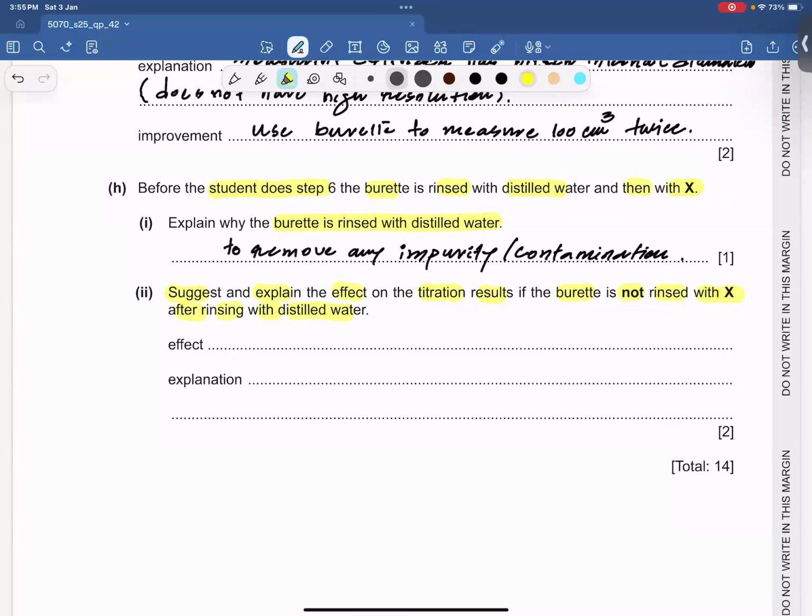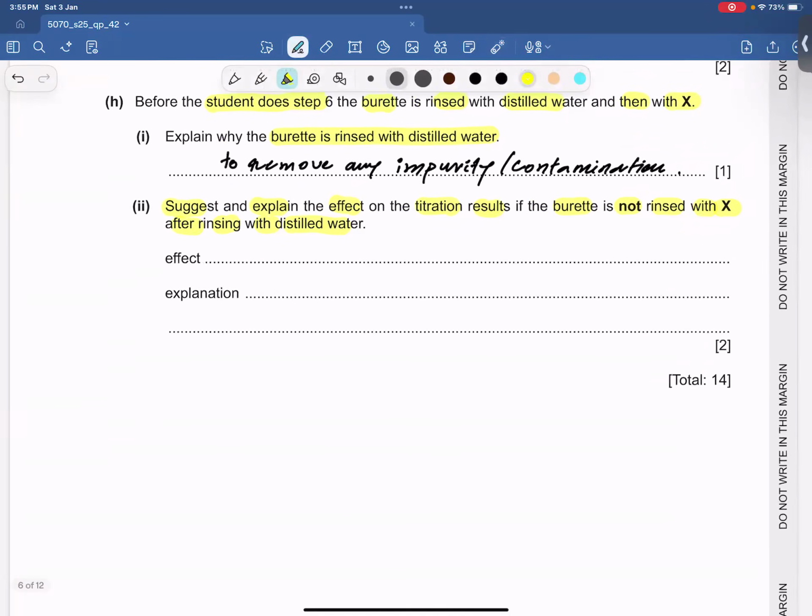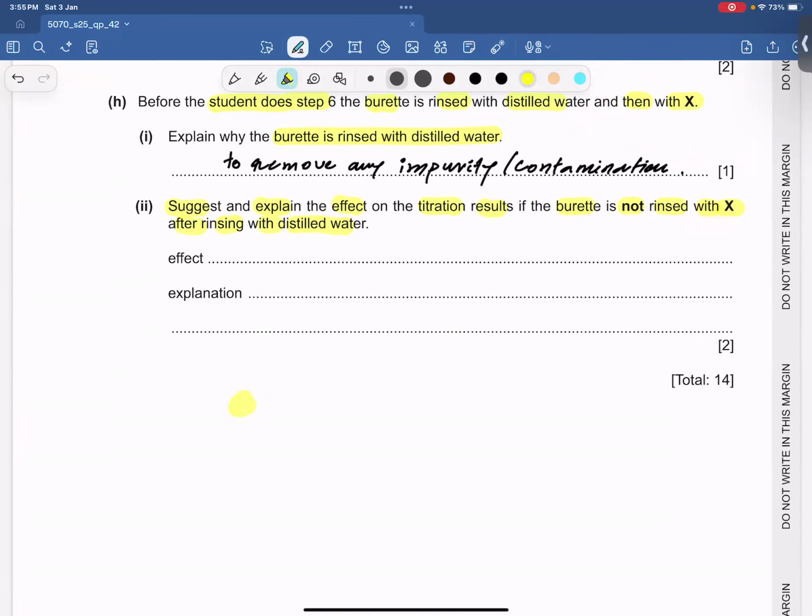See, after rinsing with distilled water, the solution X becomes diluted, or it lowers the concentration. Okay. See, the formula of concentration is this: concentration equals moles per unit volume.